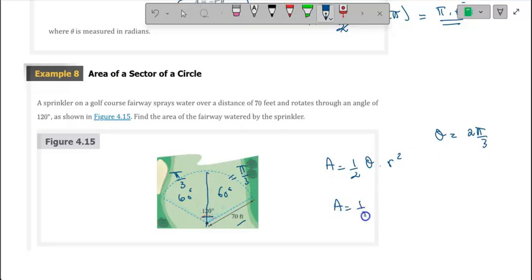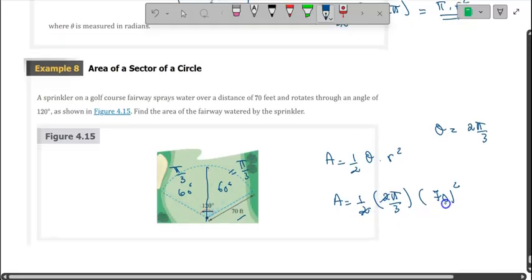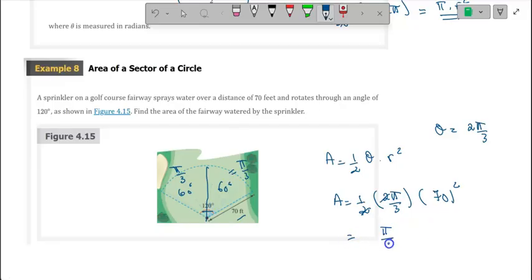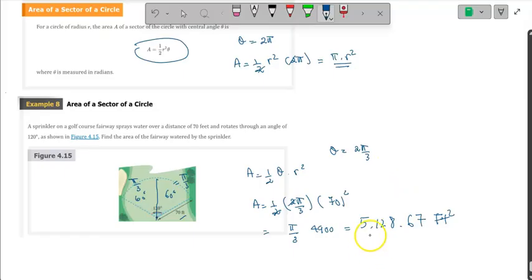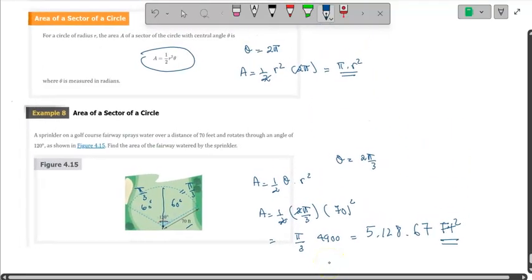So the area is going to be 1/2 times 2 pi over 3 times 70 squared. All right, I can cancel this and this. 70 squared is going to be 4900. So it's going to be pi over 3 times 4900. Yeah, again, you need to use a calculator here. So let me try it. Okay, just plug it into the calculator, and the answer was 5128.76 feet squared. And I think that's the last question, right? That's all.